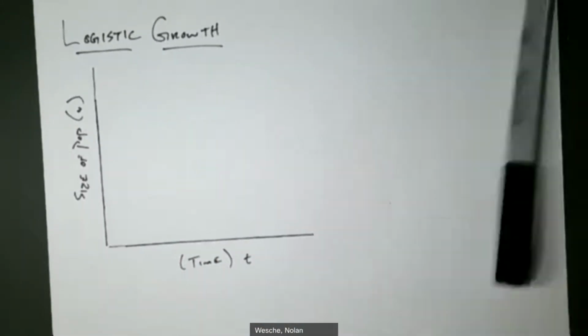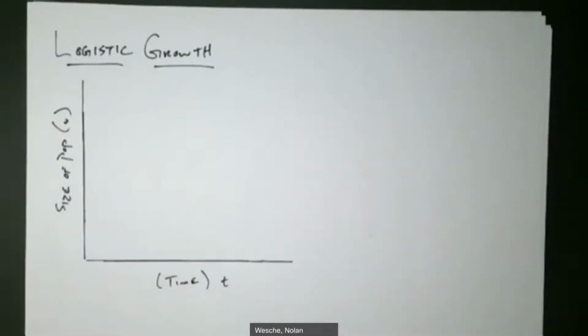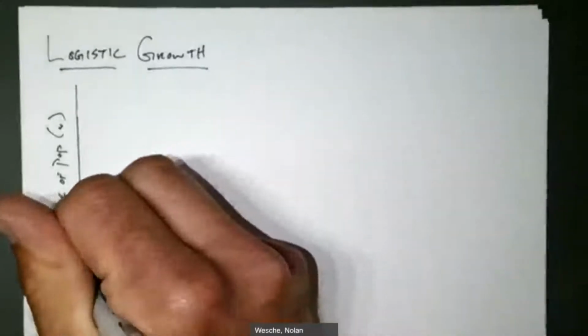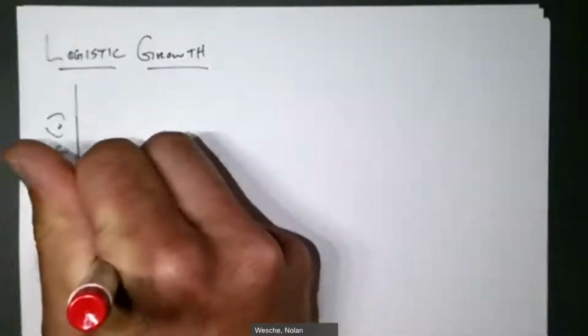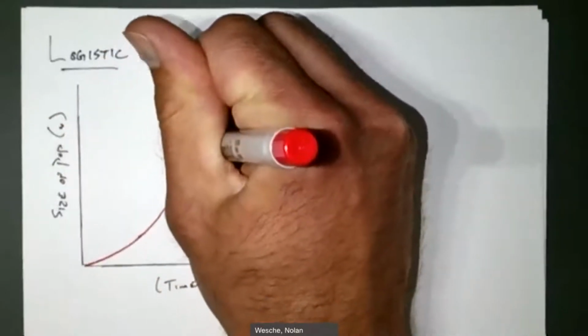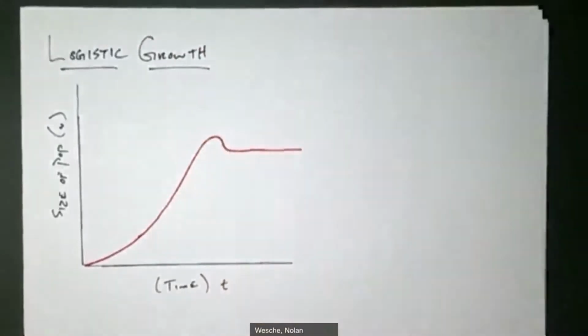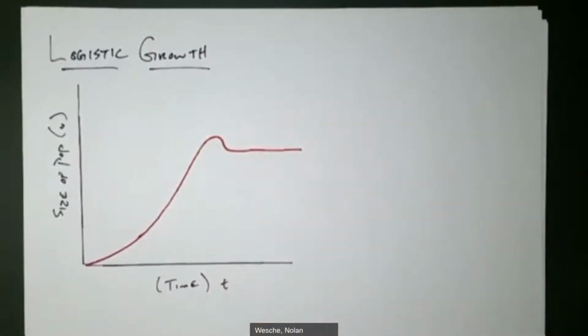And what we're going to see is this growth begins somewhat like before. So it begins somewhat exponentially, but eventually those limiting factors start to play a role. And we overshoot up to a certain point and then kind of flatten out. That's what we call logistic growth.